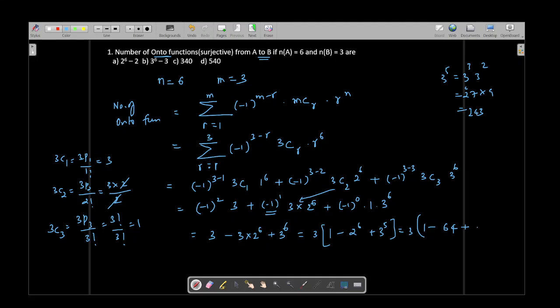So this is 3 into 243 minus 63. 243 minus 63, so we'll get 3 into 180. So 3 into 180 is 540. So option D is correct.